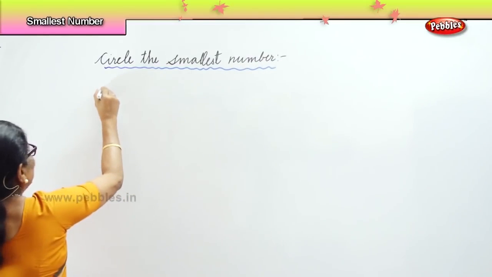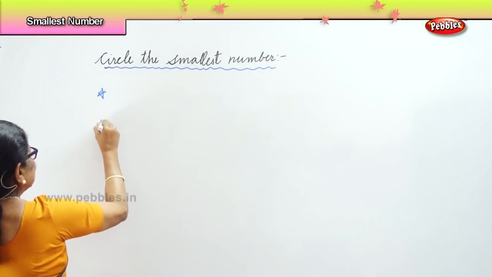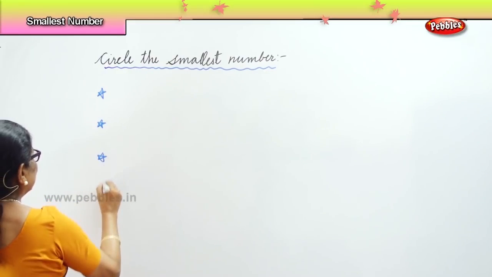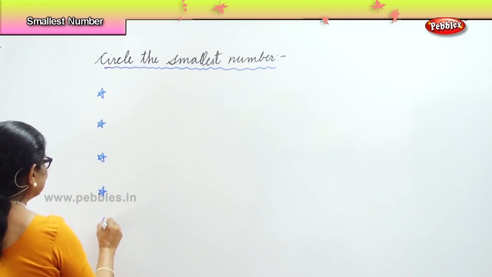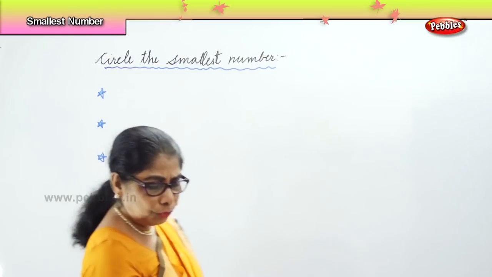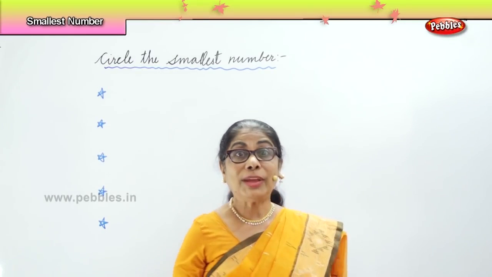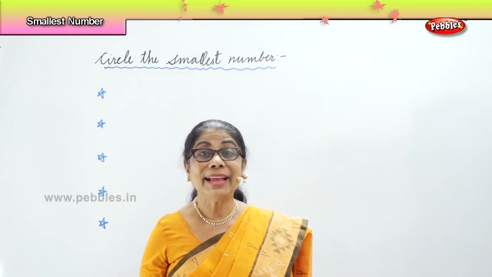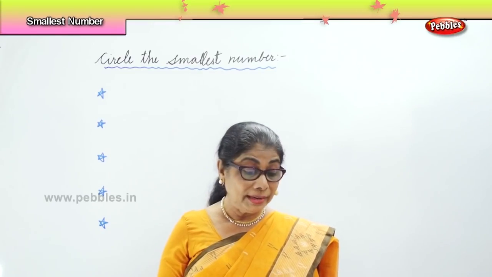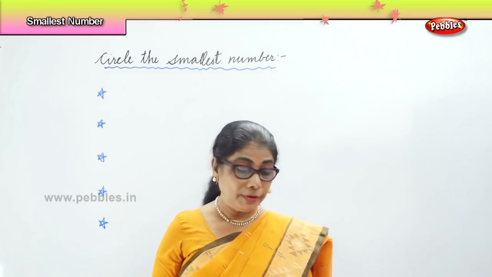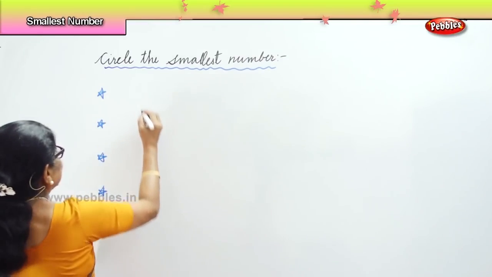Okay. We will do a few exercises, maybe 5 exercises. And I'll give you 5 sets of numbers and you can look at the numbers and identify, think carefully, look carefully. Okay. Now just look at this.